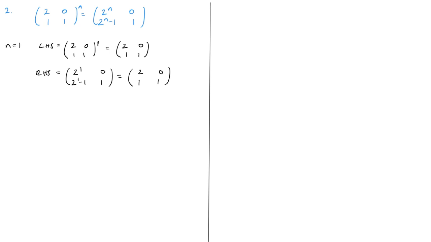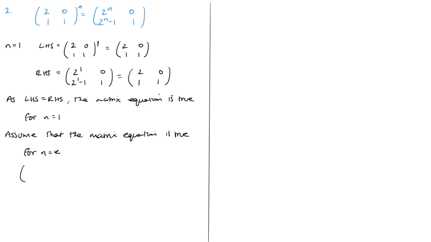So now as the left hand side equals the right hand side, the matrix equation is true for n equals 1. And now we can assume that it's true for n equals k, which means 2, 0, 1, 1 to the power k is equal to 2 to the power k, 0, 2 to the k minus 1, and 1.